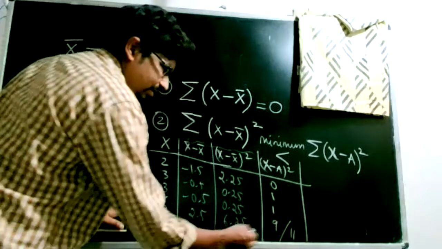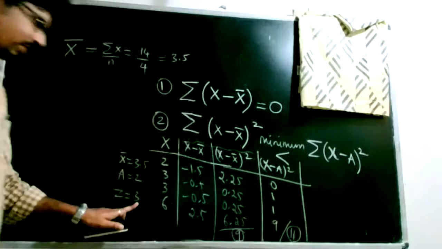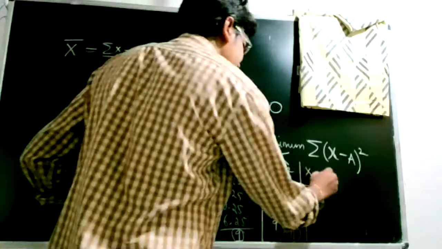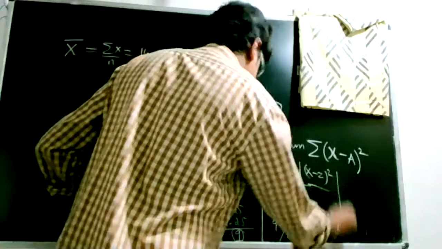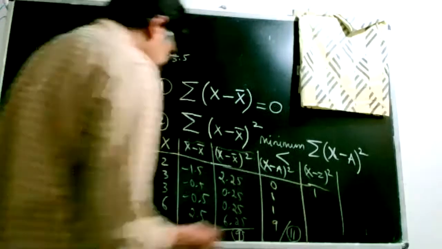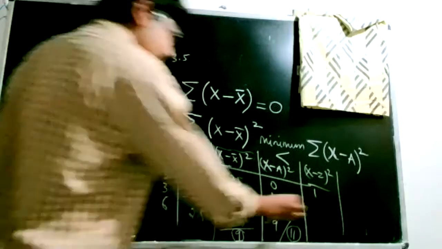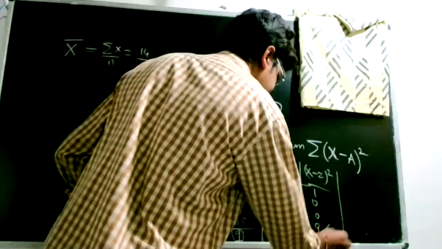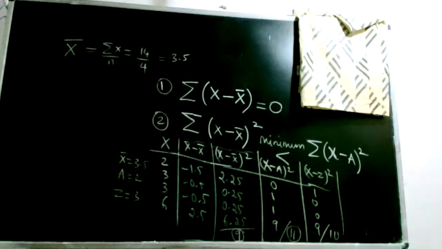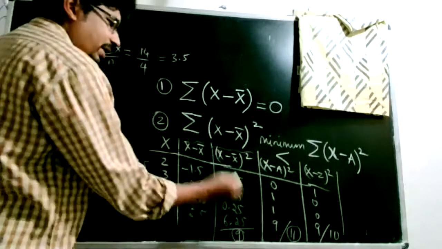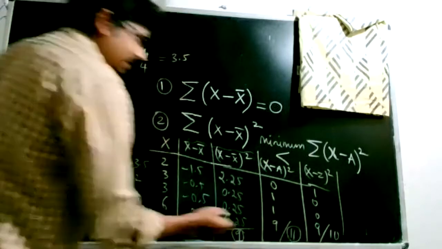So just look into the numerical value of the total. Now instead of 2, if you take z and obtain x minus z whole square, then you will have 2 minus 3, minus 1 whole square is 1. 3 minus 3 is 0. 0 square is 0. 6 minus 3 is 3. 3 square is 9. Total comes to 10. So replace your x bar by any other number, then the total will be larger than this.